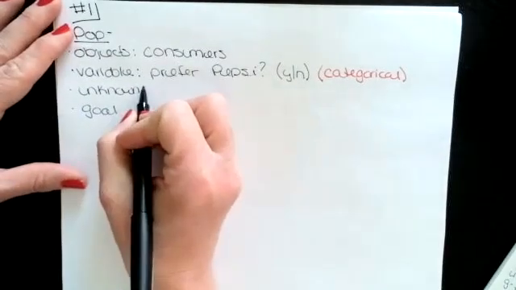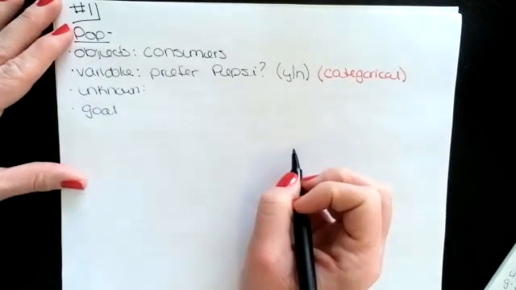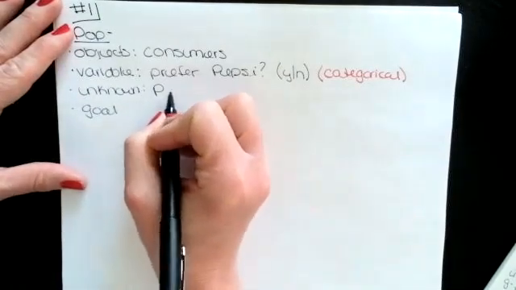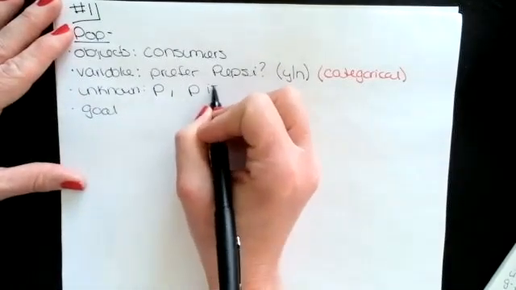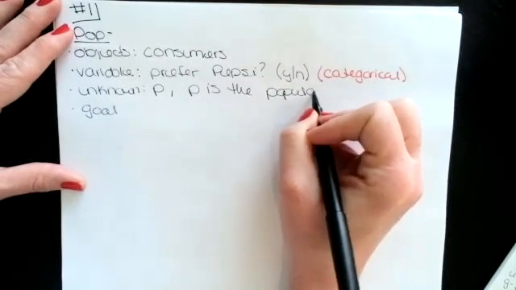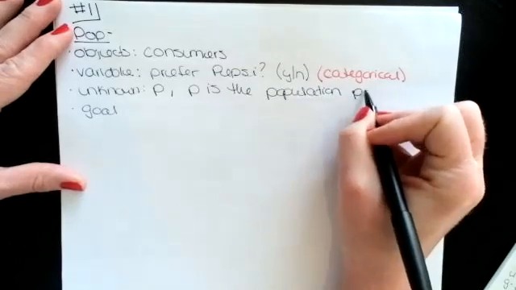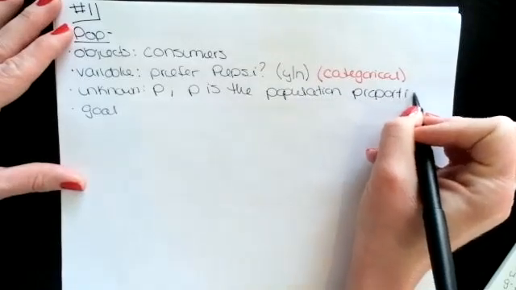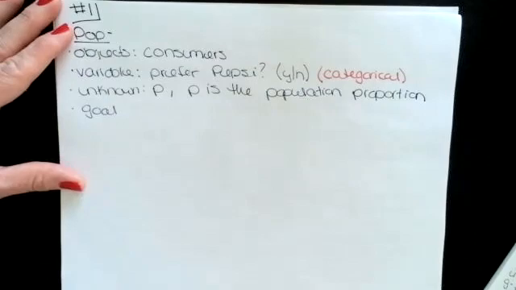Okay. So therefore, if my variable is categorical, my unknown is P, and P represents the population proportion. Now, that's what P always is. I just want to add some context to this.